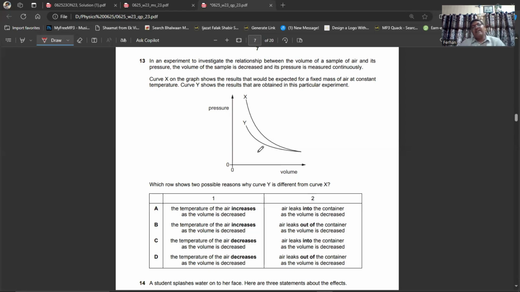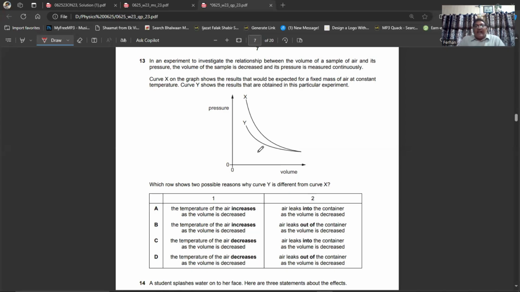Now you see, when they decrease the volume, the pressure has not increased that much. So why has the pressure not increased that much? Which row shows two possible reasons why curve Y is different from curve X? There are two reasons discussed here.